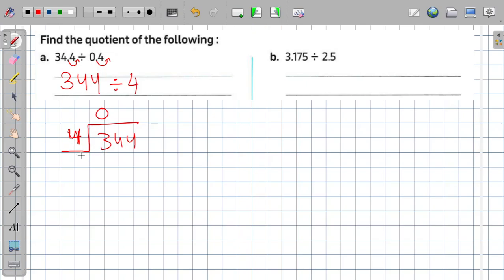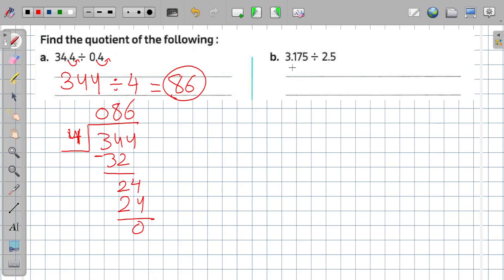I don't have 34 in the timetable of 4, but I have 32 and 36. So I will take 32. 32 divided by 4 equals what? Equals 8. And the remainder will be what? 34 minus 32 equals 2. And next I have 4. So 24 divided by 4 equals what? Equals 6. And the remainder will be 0. So the quotient will be 86. And this is our answer.